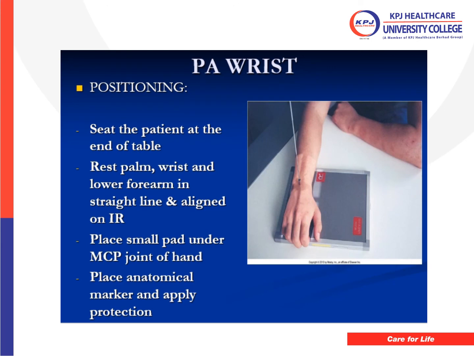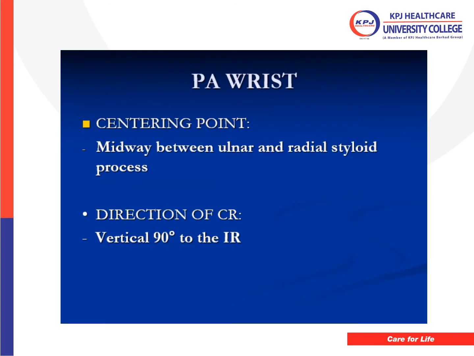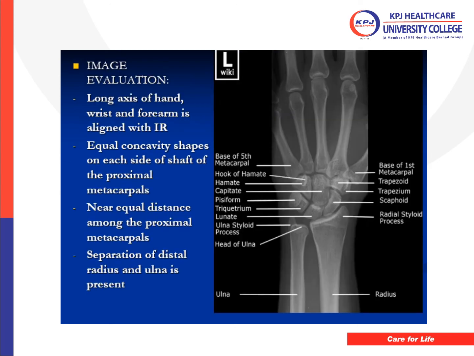Okay, I can accept if you mention the midpoint of the wrist, and it's always directed perpendicular to the image receptor. This is the image relation pointing at all the bones, small bones here. Okay, you can see here closest to the thumb is the scaphoid, pisiform to the lateral side. You have to make sure the part of the radius and ulna is included as well as the upper side.